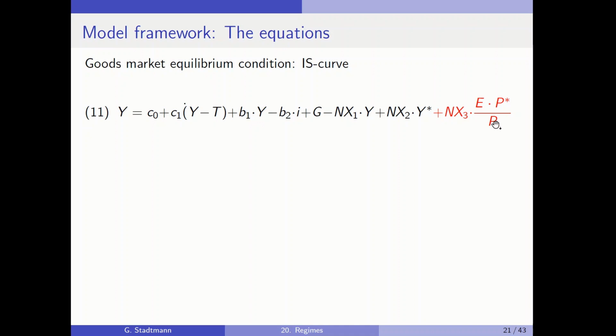Furthermore, the demand for domestic goods depends positively on the real exchange rate. This is very important: there is a positive sign in front of this expression because we are using the price notation of the nominal exchange rate, and therefore the real exchange rate had to be adjusted compared to the textbook.